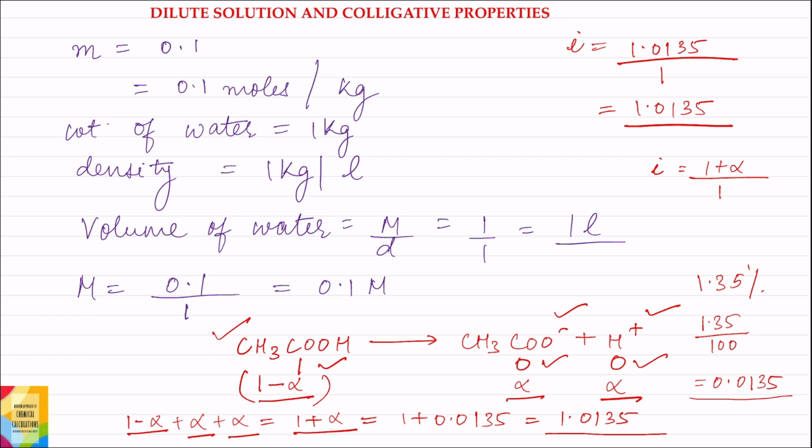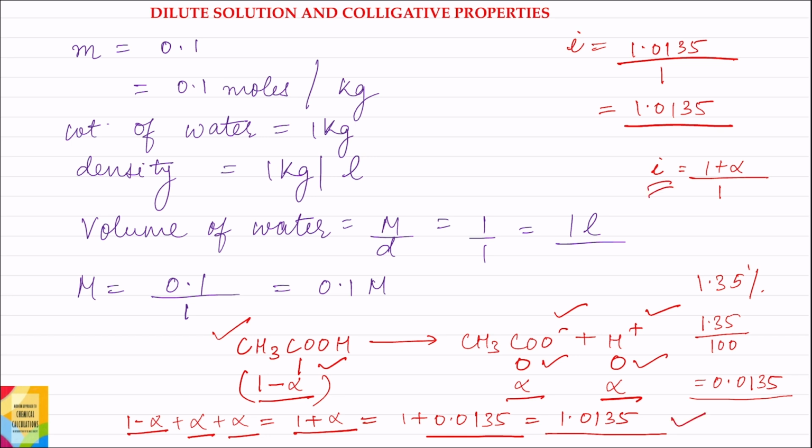Since the percentage dissociation of acetic acid is given, the value of alpha, that is the degree of dissociation of acetic acid, can be calculated from the percentage dissociation, and the value of alpha is equal to 0.0135. So 1 plus 0.0135 gives the value of 1 plus alpha, that is 1.0135.